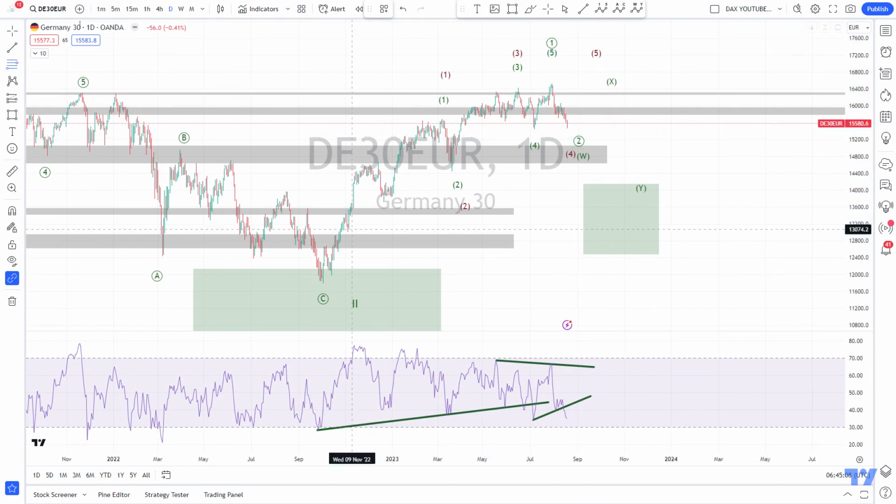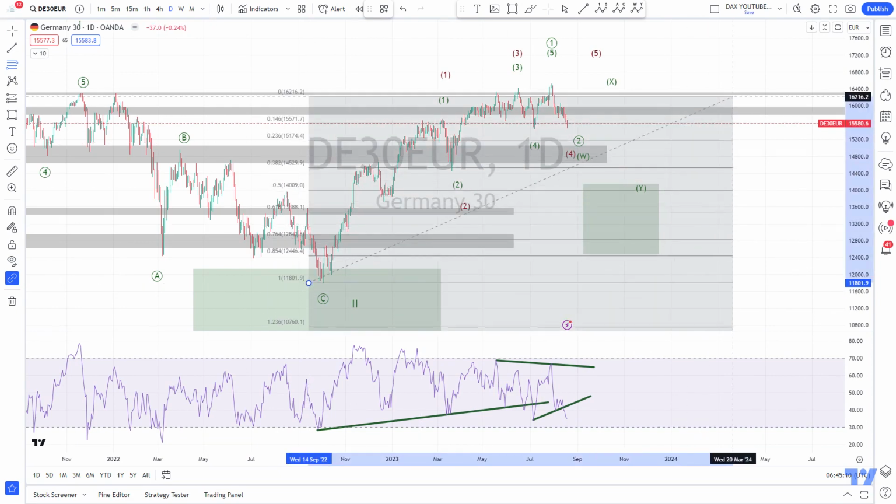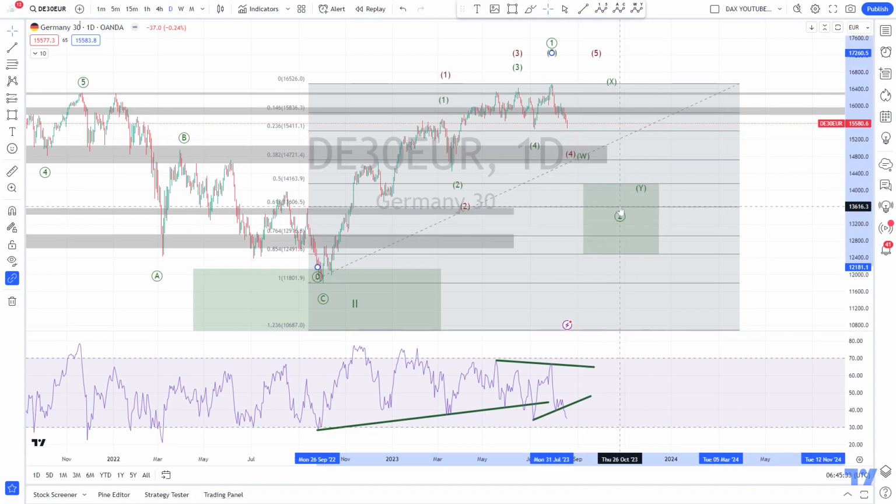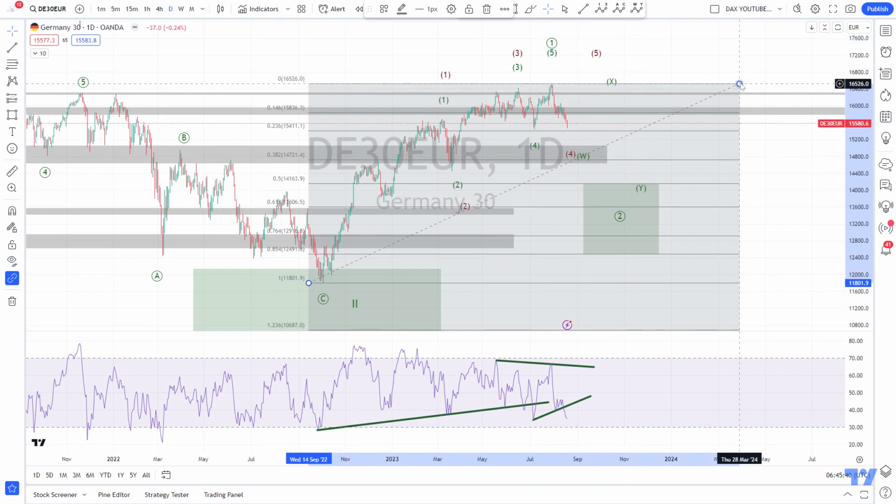But that would mean that we do a retracement somewhere here between the 0.236 and the 0.382 FIB retracement. This is not a reliable wave two, of course. This here is your wave two area. So I would wait for more downside before buying again.